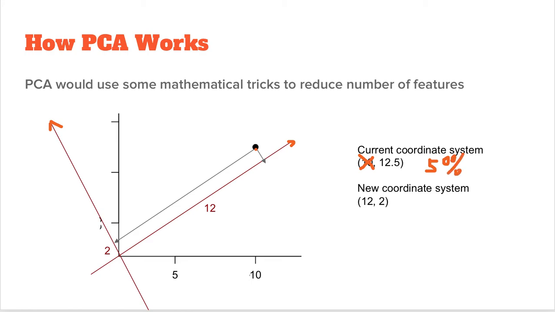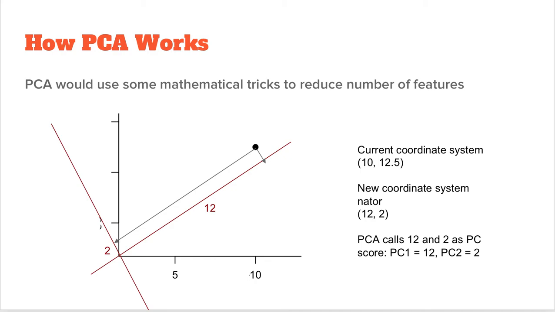However, in the new coordinate system, if we want to reduce the dimension by removing the second value of the coordinate, we may just lose 2.2 over 14 of the information. It is much smaller than before. PCA uses some mathematical tricks to reduce the number of features while minimizing the information loss.